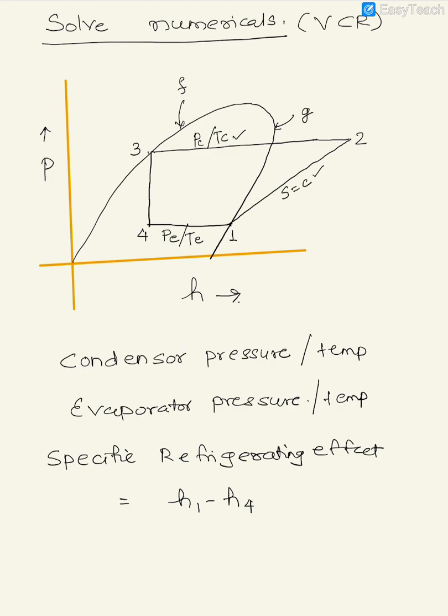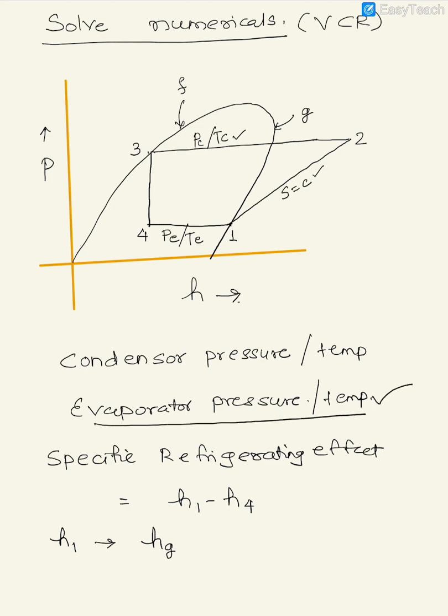For that, you need to find H1, the specific enthalpy at point 1. Point 1 is on the G line, so we need to refer to the Hg value from the refrigeration tables corresponding to the evaporator pressure or evaporator temperature.